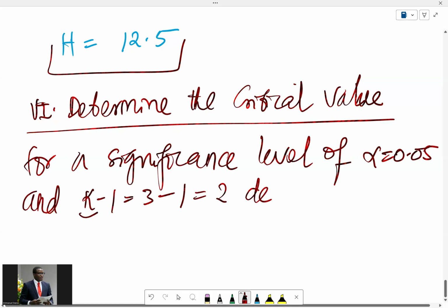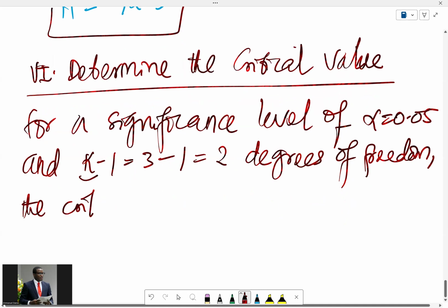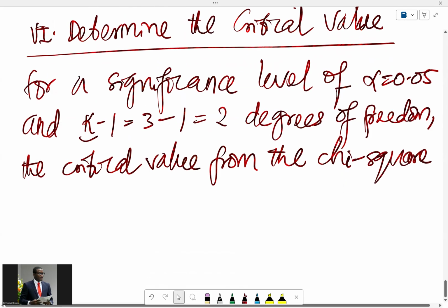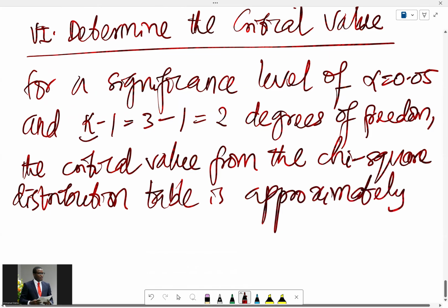So at the significance level of alpha equals 0.05 and 2 degrees of freedom, the critical value from the chi-square distribution table is approximately 5.991.